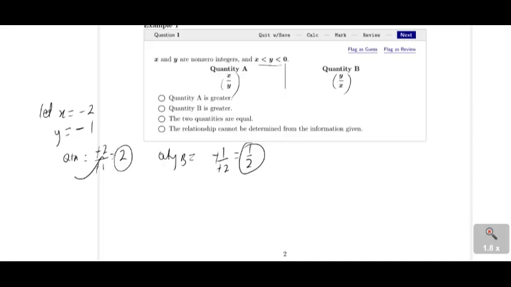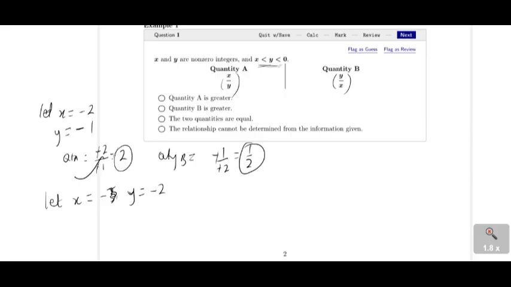You wouldn't want to end here. Let's pick another pair to try. This time around, I'm going to pick x to be equal to -3, and then y to be equal to -2. And note that the values I'm picking obey the constraint we have here.